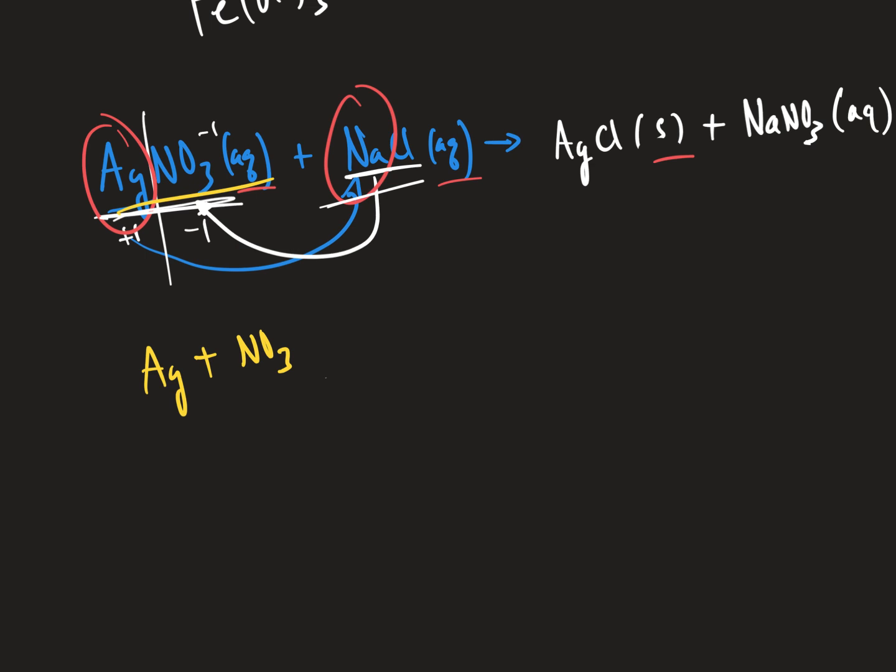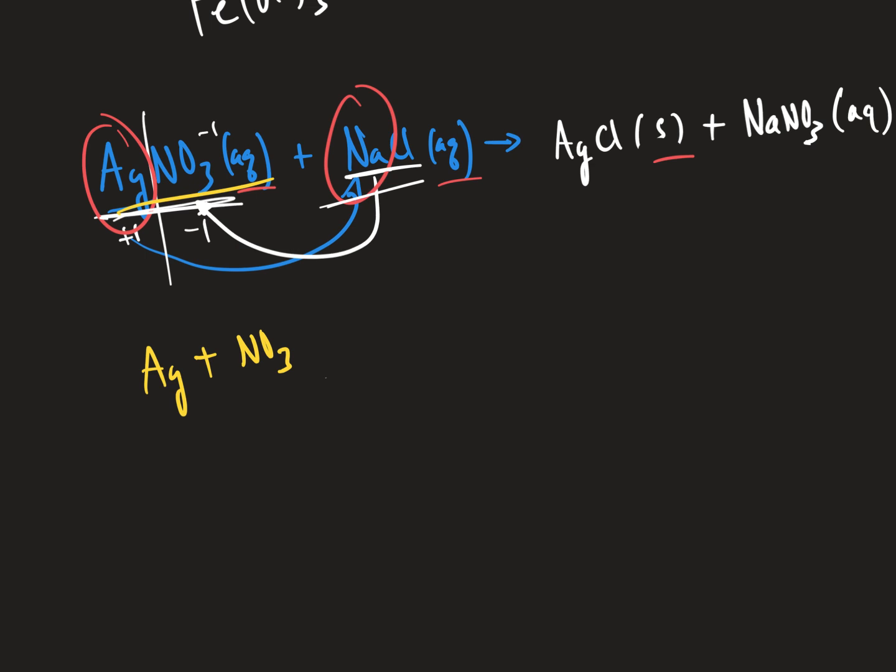So we have 1 Ag on the left, 1 Ag on the right. 1 nitrate on the left, 1 nitrate on the right. 1 sodium on the left, 1 sodium on the right. 1 chlorine on the left, 1 chlorine. It's already balanced. But make sure you balance it, okay? If you balance it at first, it's going to be balanced in the end.